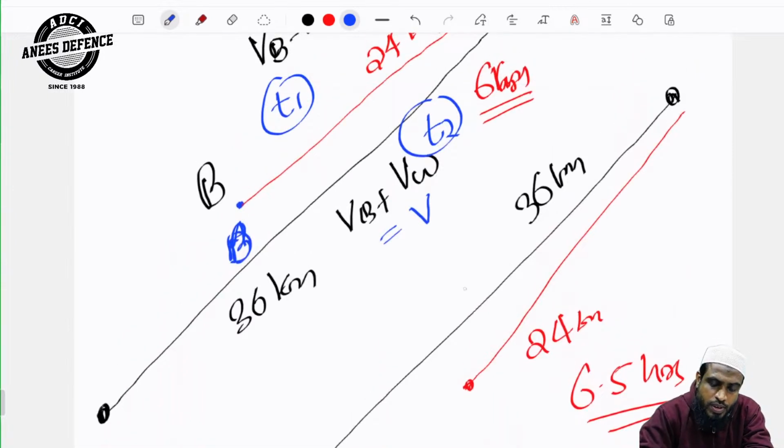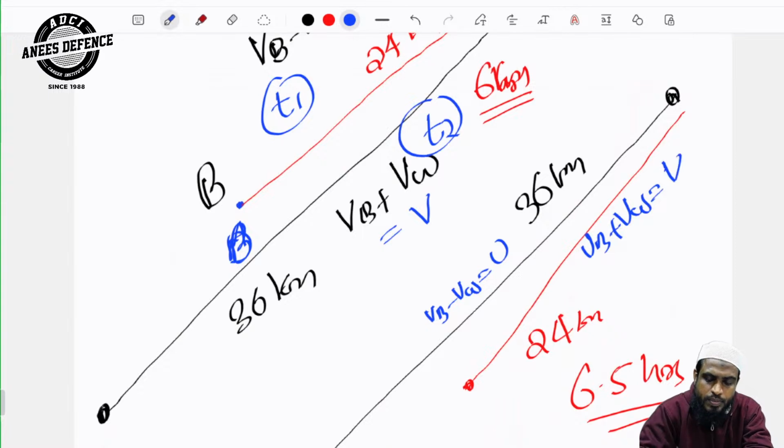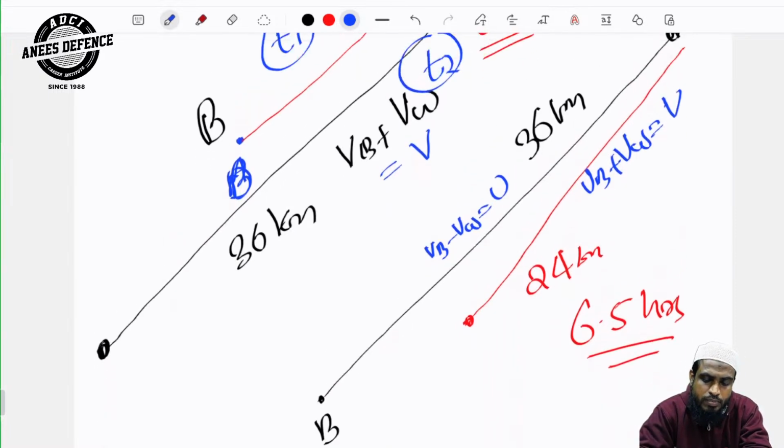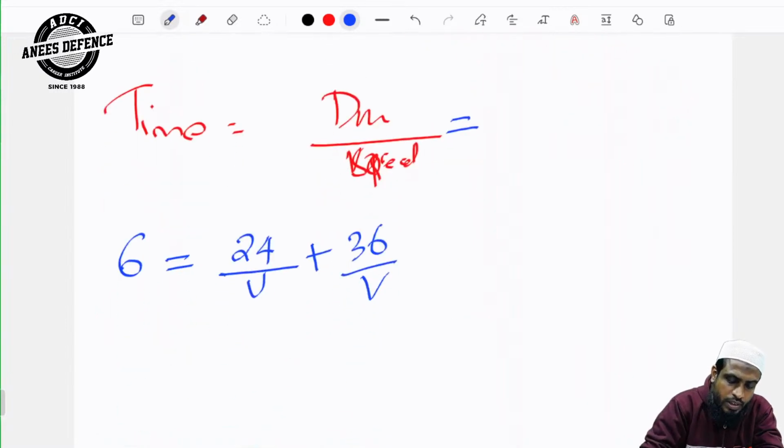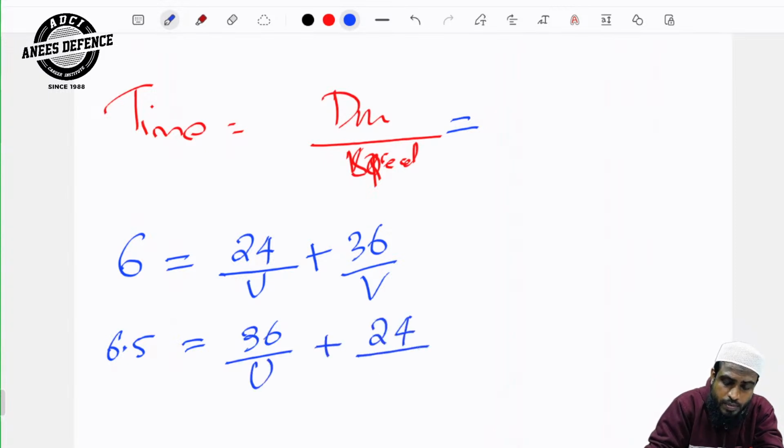Upward means VB minus VW equal to U. Down means VB plus VW equal to V. So for 36 kilometer upward, the time taken is 6.5 hours. That is 36 divided by U plus 24 by V.